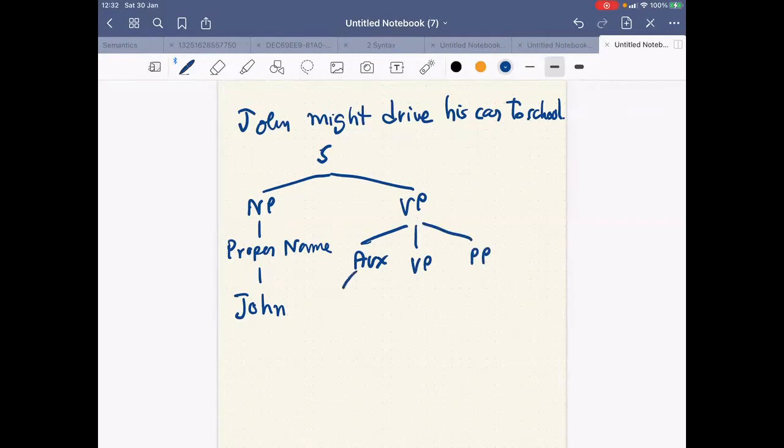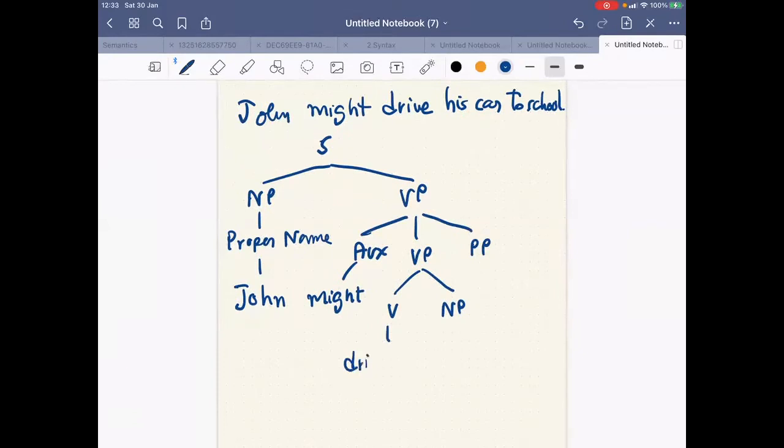The auxiliary is might. The VP will be divided into V and NP. The V is drive, and the NP would be the determiner his, and the N car.